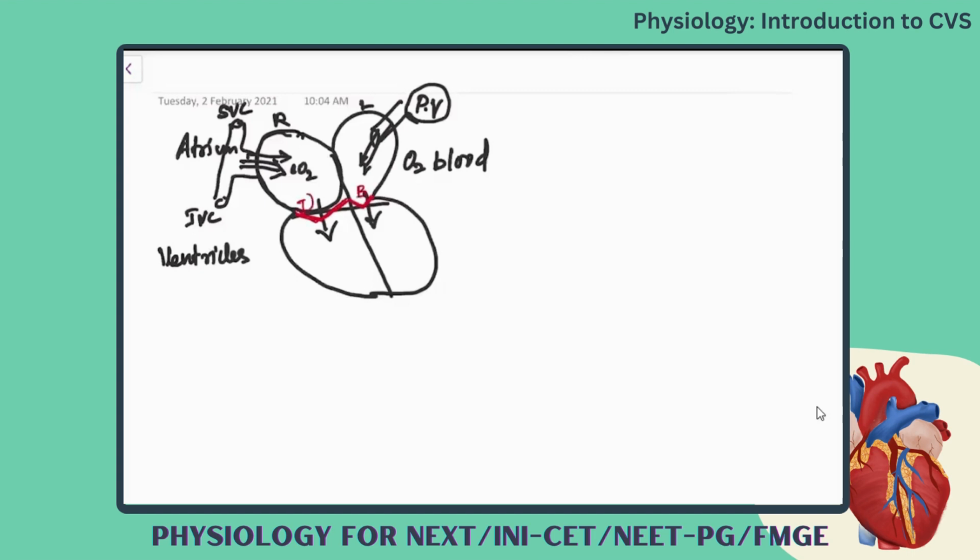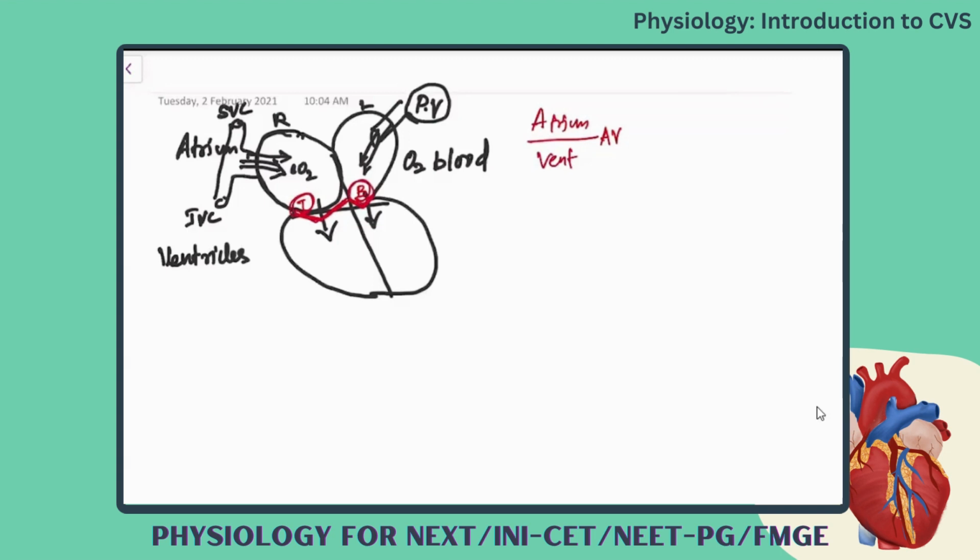Okay, so here you have the valves. They are called as atrioventricular valves. The valves between the atrium and the ventricles. In general, you will term it as atrioventricular valves. The right side is the tricuspid valve and the left side it is bicuspid.